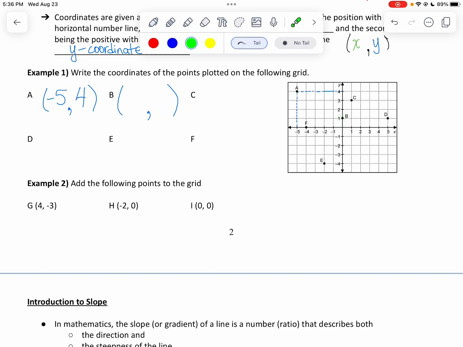Because we're at +1 and -1 on either side, this origin point here is 0, meaning that our x value is 0. We have moved up 1 square on the y-axis. So for our y coordinate value, we are at +1.